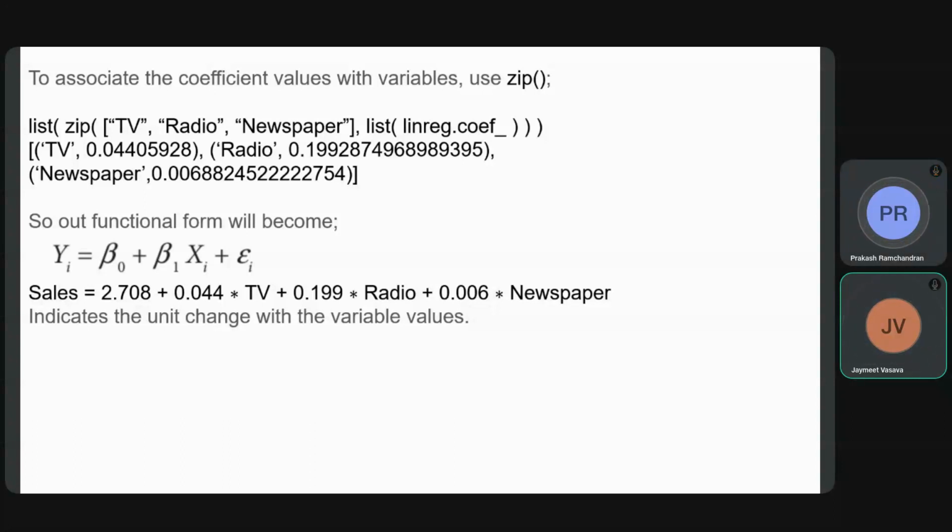This is the model. These are the values that we got, and we can basically predict using this. So this is the model right now, with the values given by the model.